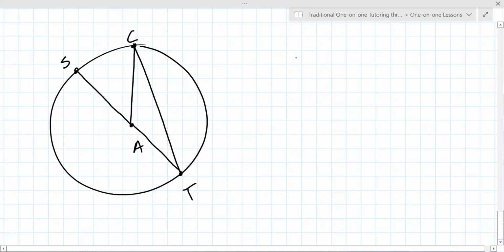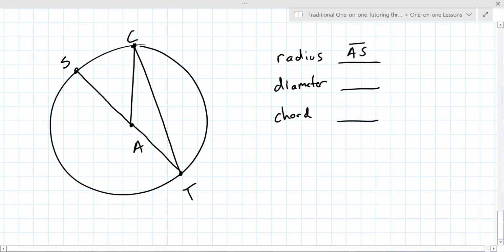Okay, so I first want a radius, a diameter, and a chord. Just one of each, please. I guess you'd say radius is A to S, so it's a line segment AS. Yep.